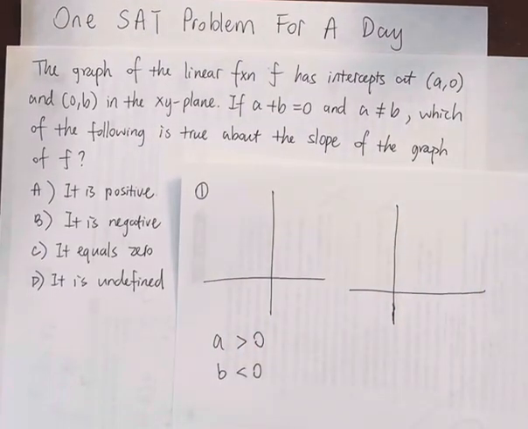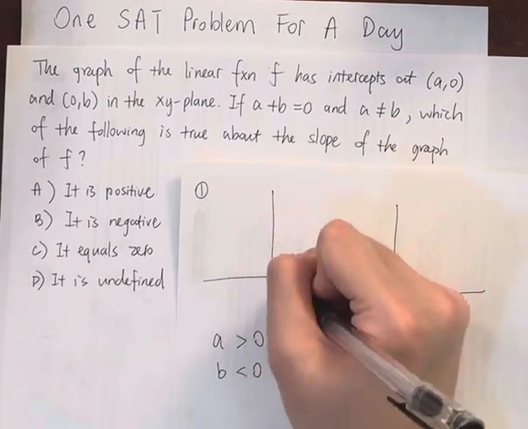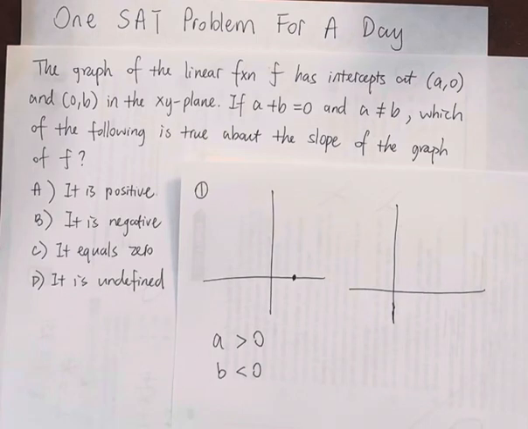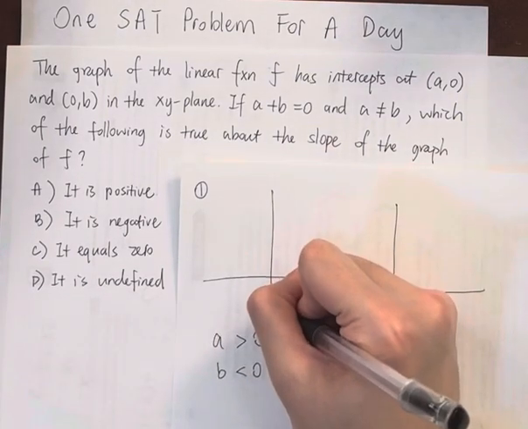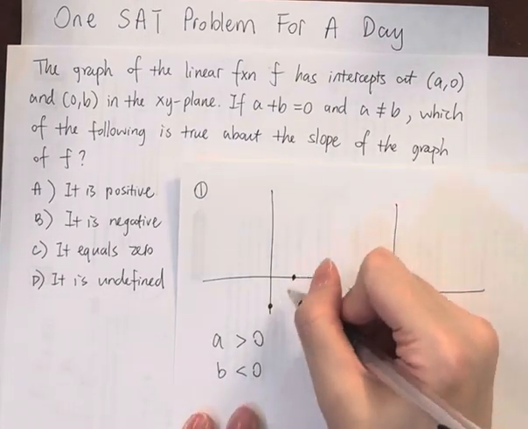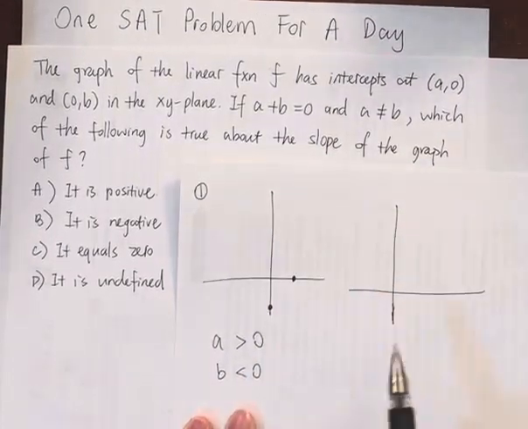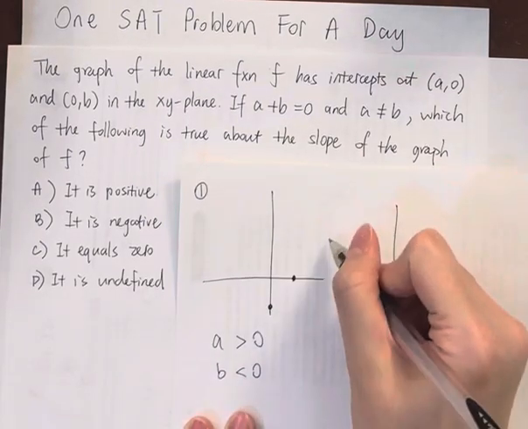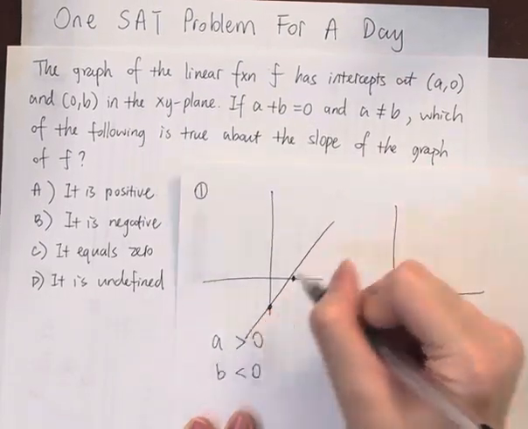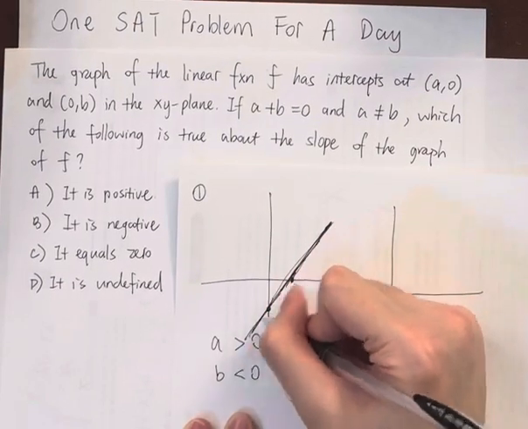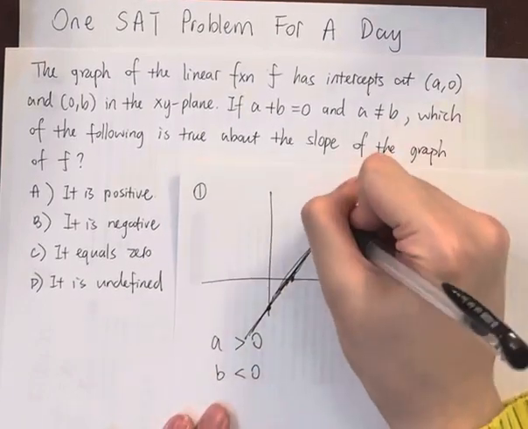So a is positive and b is negative. a is the x-intercept, which means we have to locate it on the x-axis, and b is negative, which is here. So these are two points, and it also says it is a linear function. So no more fancy drawings, we can just connect these two dots and make a line. Sorry, it's kind of messy, but you get the idea. So this is our f function.